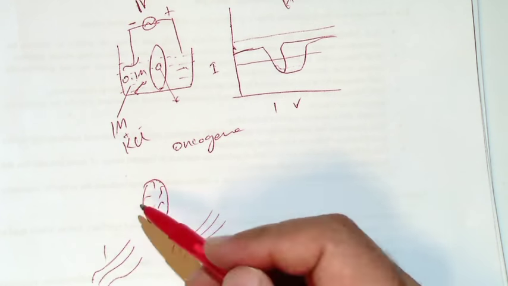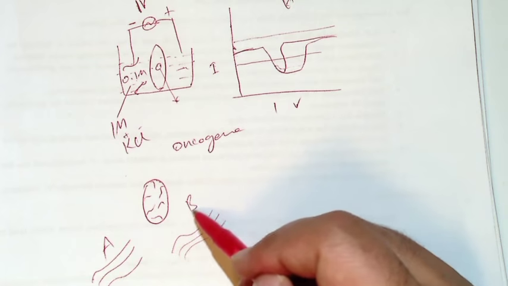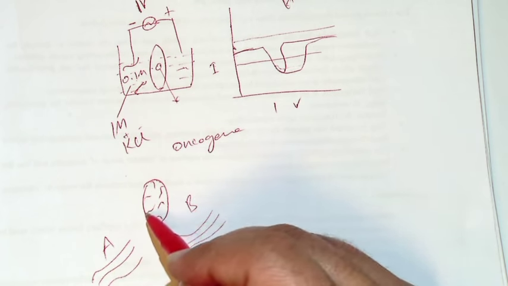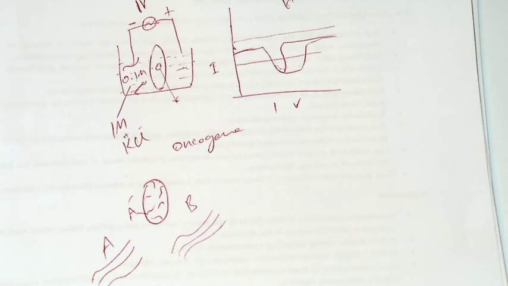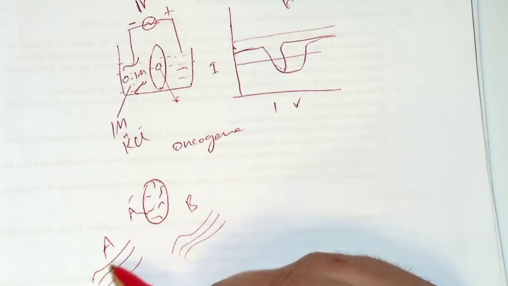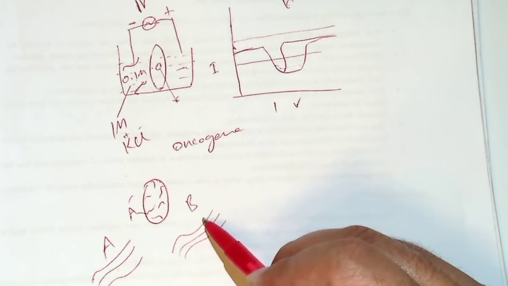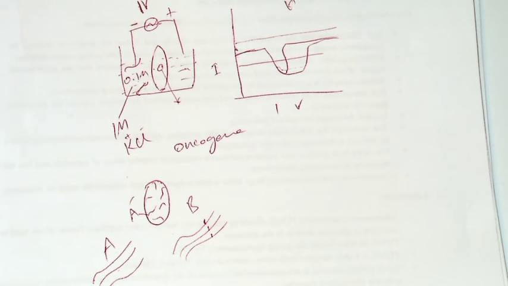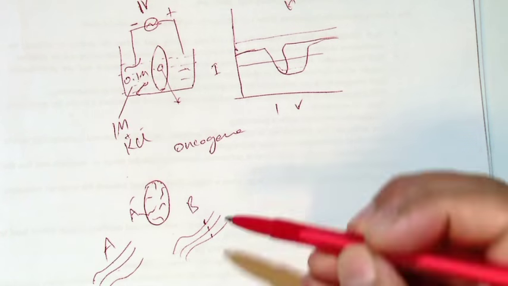Let's say this was A and this was B. So A was the healthy gene which has some sequence, and B was exactly the same gene except at one place one base was different. So instead of T they put G or A, only one base was different.